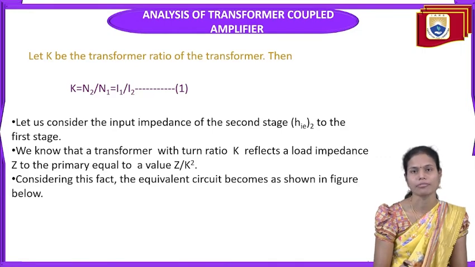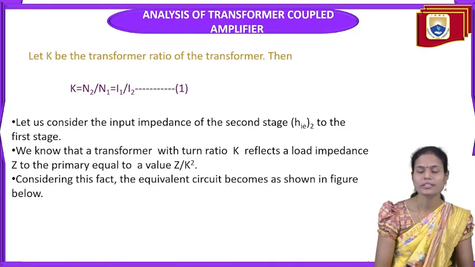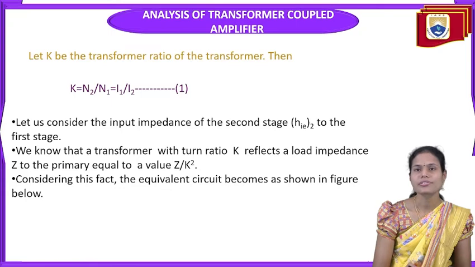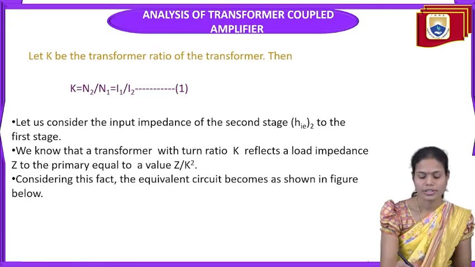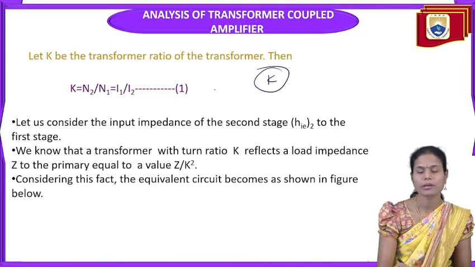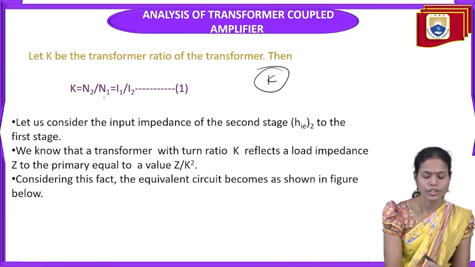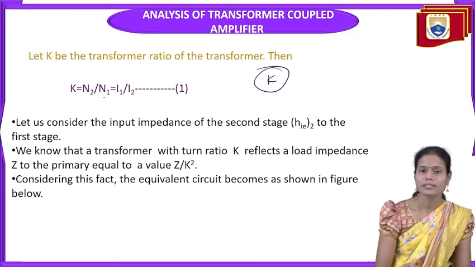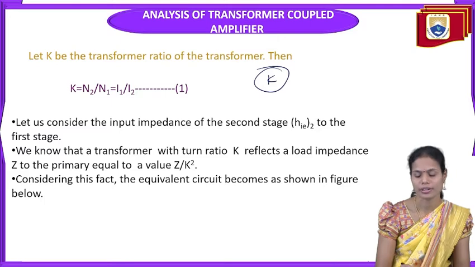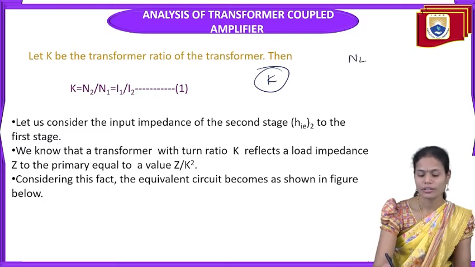From this equivalent circuit we can find the current gain of the multi-stage amplifier. In order to find that current gain, I am first considering the transformer turns ratio as K, that is equal to N2 by N1. The turns ratio is equal to I1 by I2 in terms of current. If you take it in terms of voltage, we will get V2 by V1.